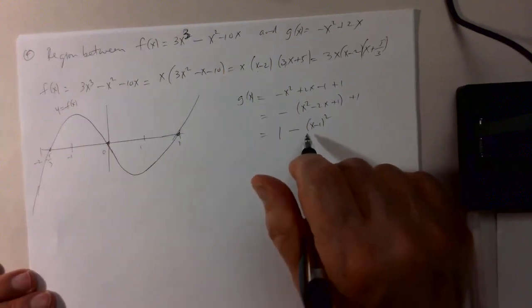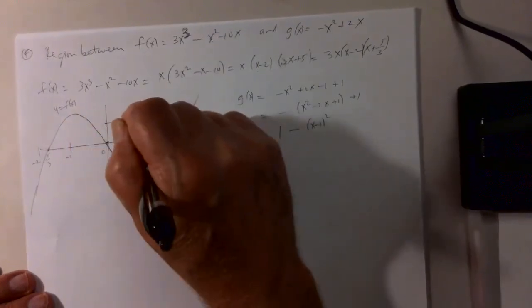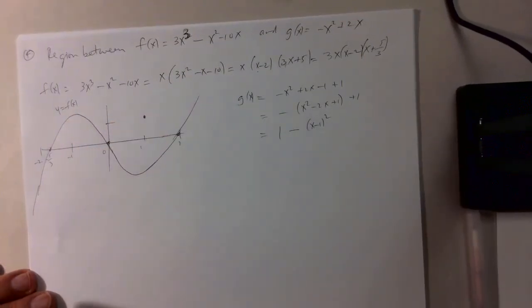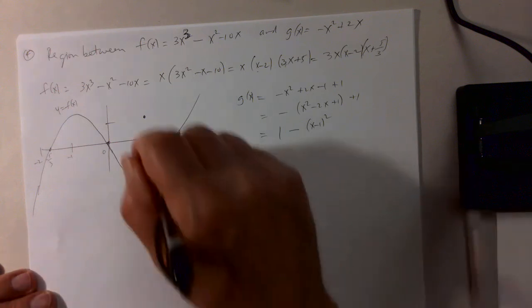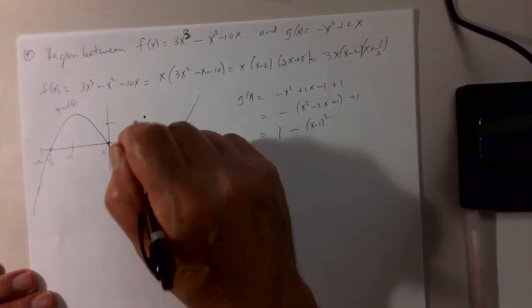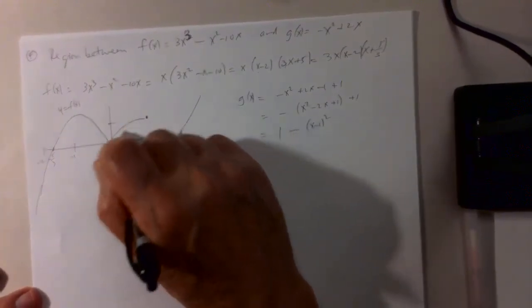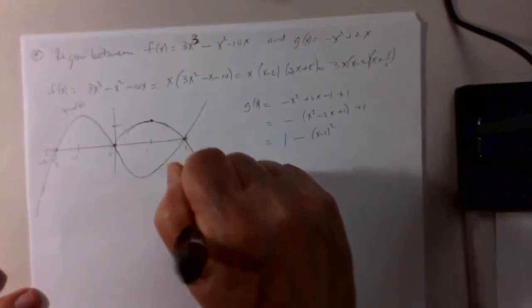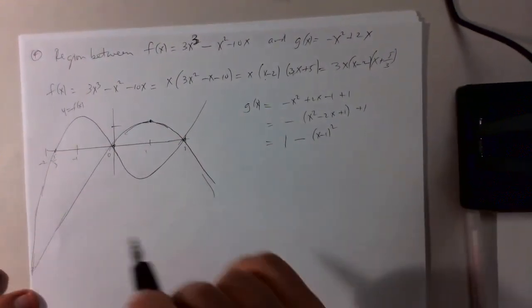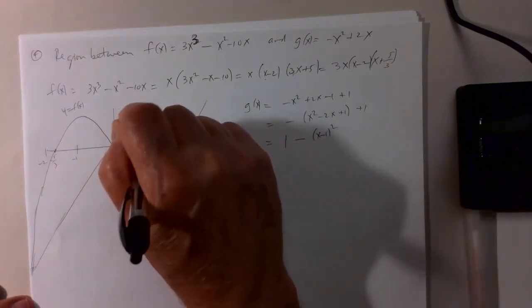And when x is equal to 1, it has the value 1. When x is equal to 2, it has the value 0. When x equals 0, it has the value 0. So this parabola looks like that. So this is the graph of y equals g of x.